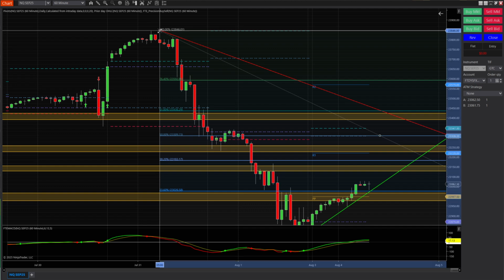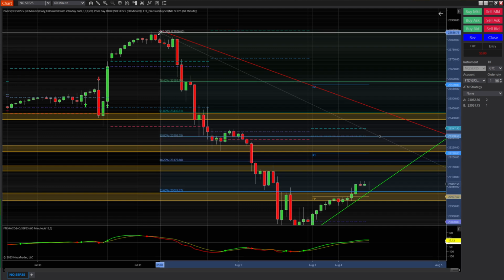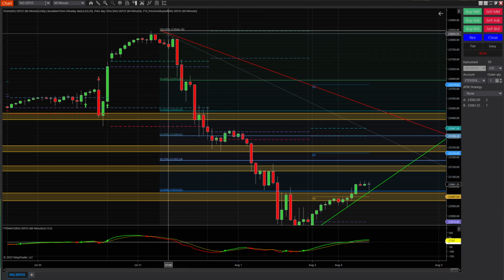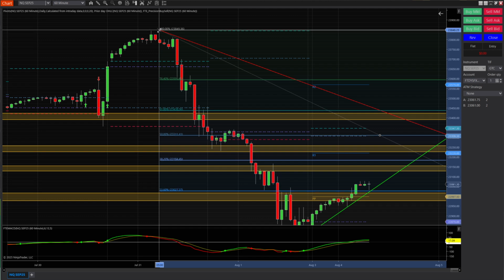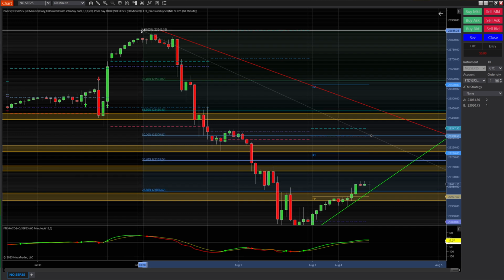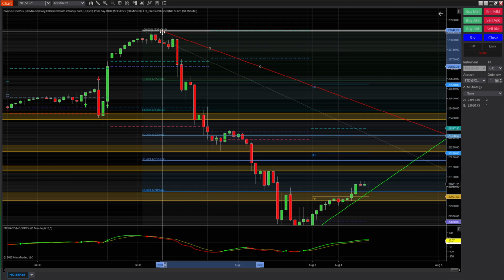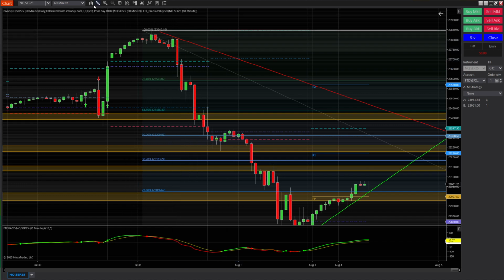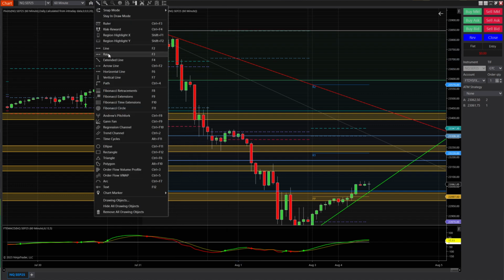You can see on the 1 hour chart how our rays are not touching the candles like they were. On the 4 hour, you want to adjust those so that they're touching the candle. We're going to grab another ray.